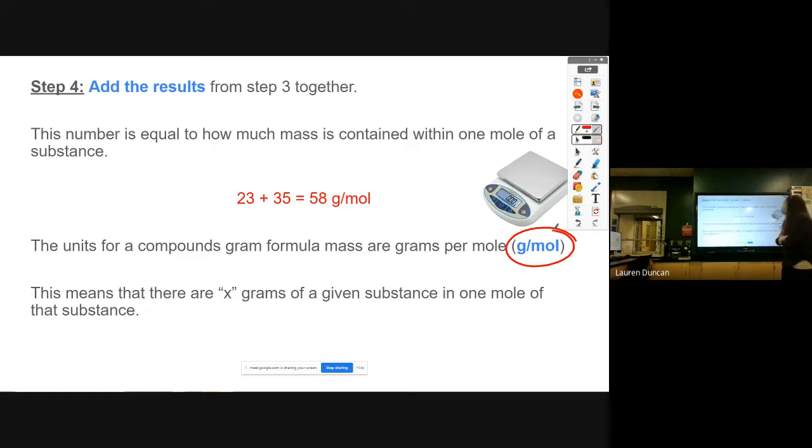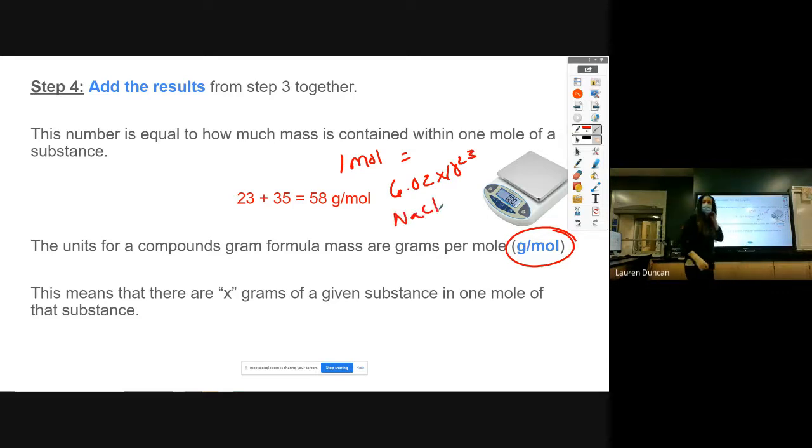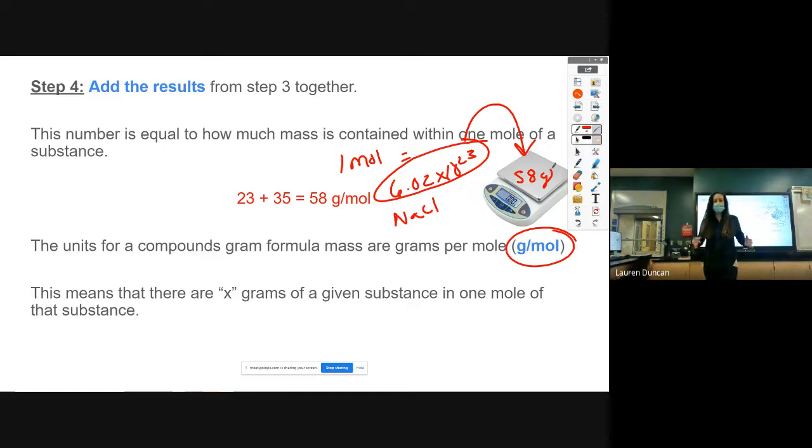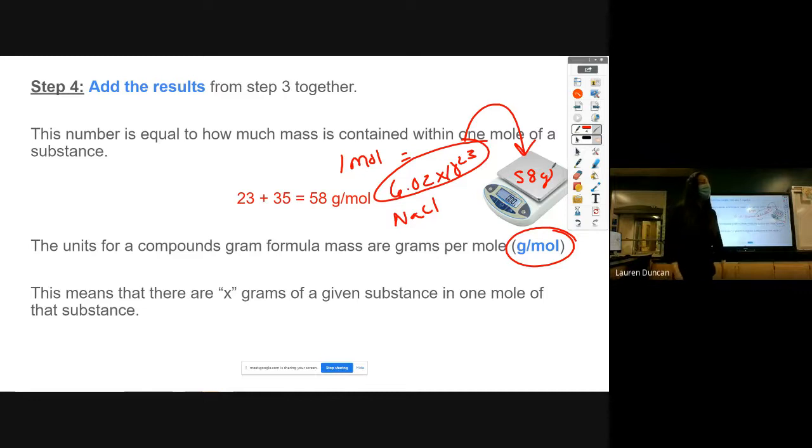Because what you're saying is if I had 1 mole, which is 6.02 times 10 to the 23rd molecules of sodium chloride, and I put all of those molecules on a scale, the approximate mass of all of those molecules would be 58 grams. So it's grams per mole, the mass of 1 mole of a given substance. The mass of 6.02 times 10 to the 23rd particles of, in this case, sodium chloride is 58 grams.